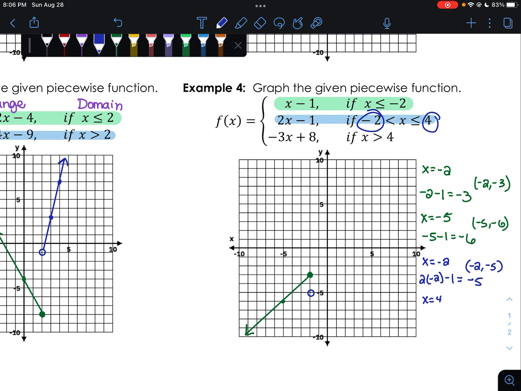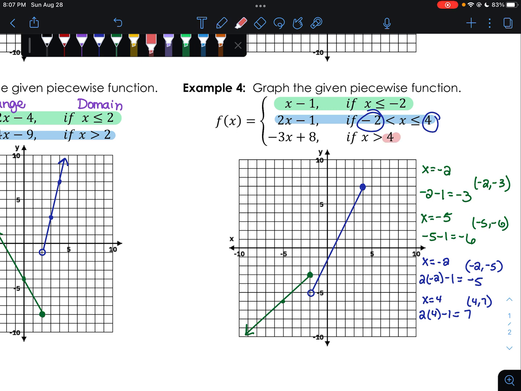So I get 2 times 4 minus 1, which would be 8 minus 1, which is 7. So I get the point 4, 7. So I go over 4, up 7. That one gets a closed circle. And then I connect those 2 points. Like that.